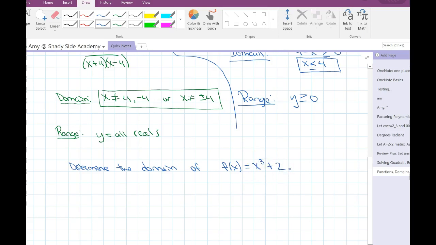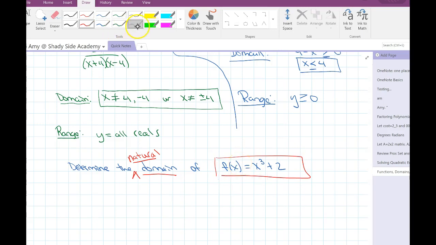Sometimes you'll be asked to find the natural domain of a function. The natural domain means the domain of a function within the realm of real numbers. Hopefully you're wondering, what is an imaginary number? What's a non-real number? I will answer those questions probably within a month. So determine the natural domain of f of x equals x cubed plus 2. Go ahead and try that and then play me for the answer.